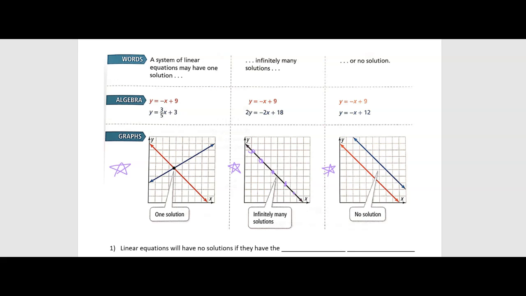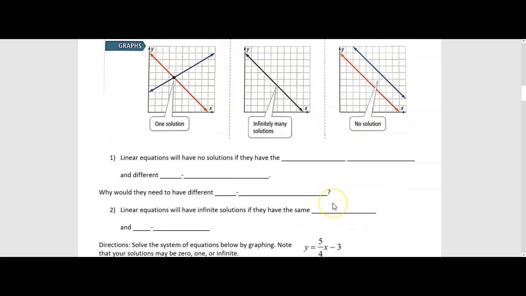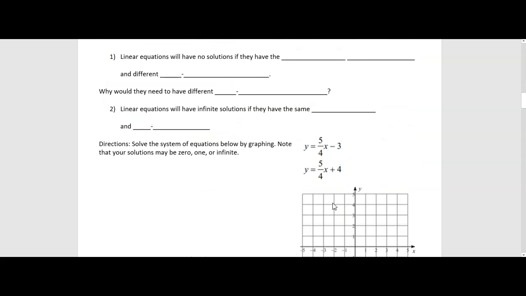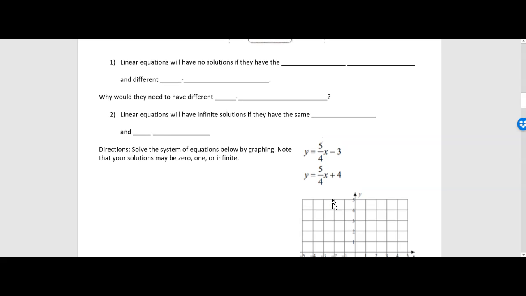So there would be no solutions to that system of equations. So let's put that on paper, even though we just talked about it. Linear equations will have no solutions if they have the same slope and different y-intercepts.